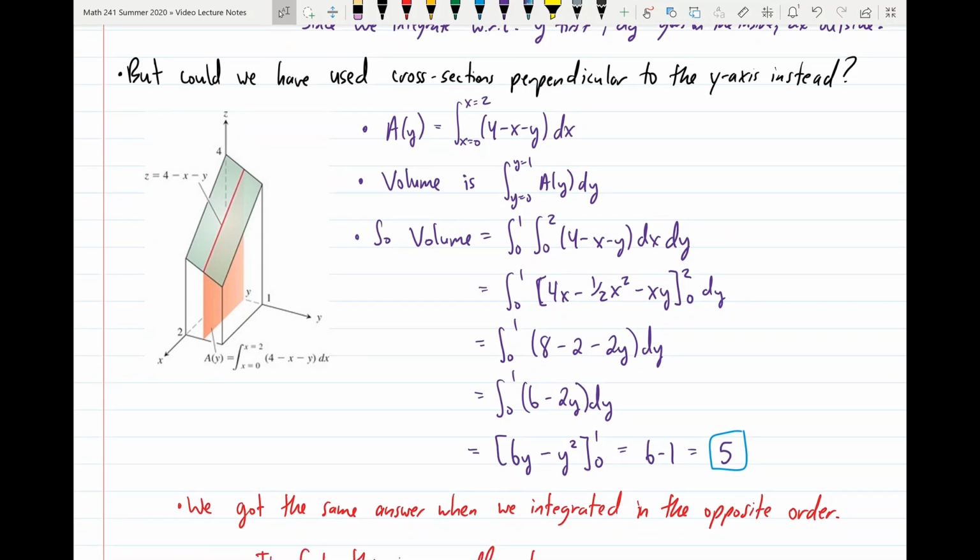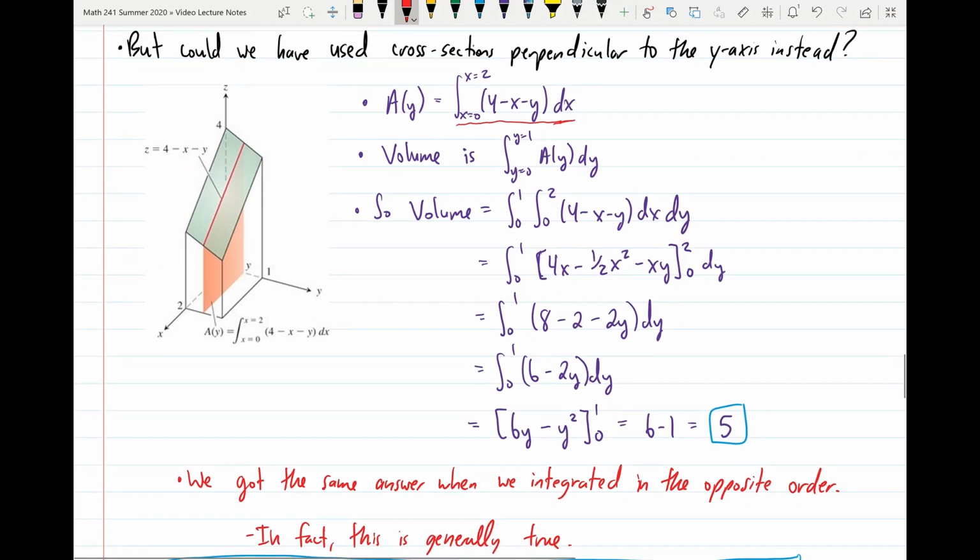So again, we have our plane z equals 4 minus x minus y given in green. We still have our rectangular region. And this time we have a cross section that is perpendicular to the y-axis. The area of that cross section that's bounded above by the plane z equals 4 minus x minus y is given by the integral from x equals 0 to x equals 2 of 4 minus x minus y dx. So in this case, we're going to be integrating with respect to x first.